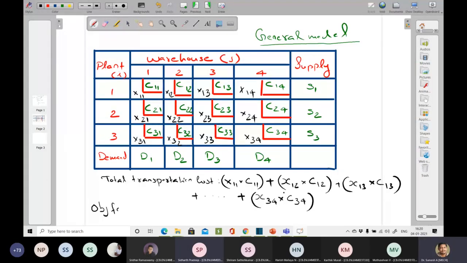So minimize Z equals the top one: X11 into C11 plus X12 into C12 plus up to X34 into C34.